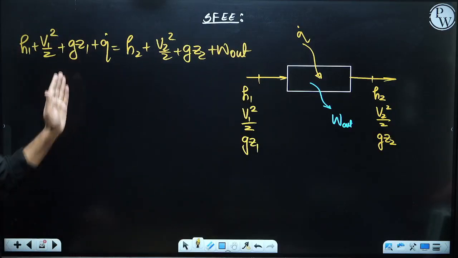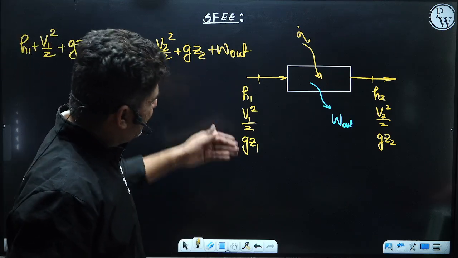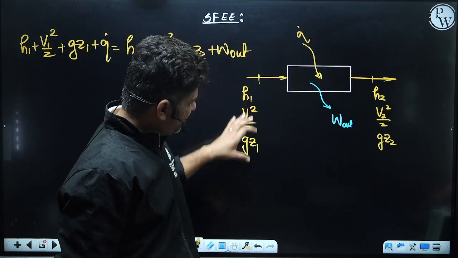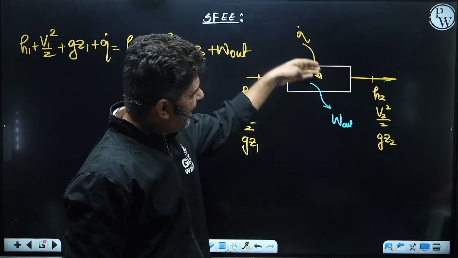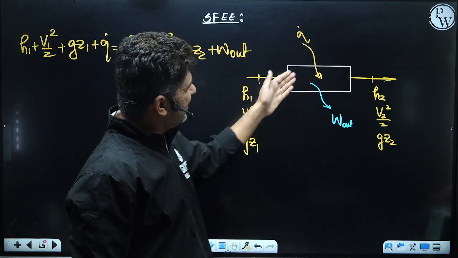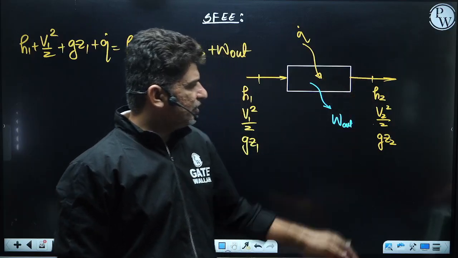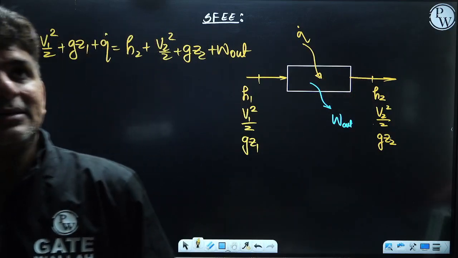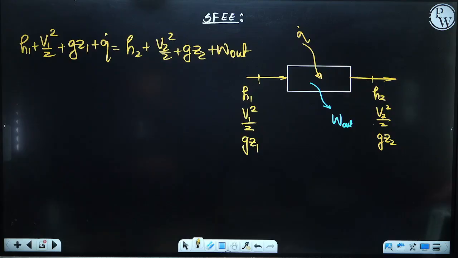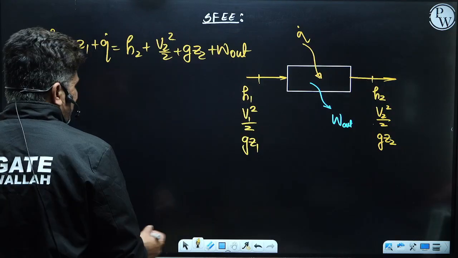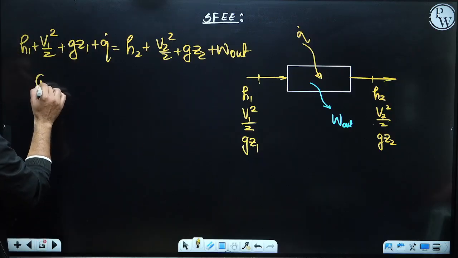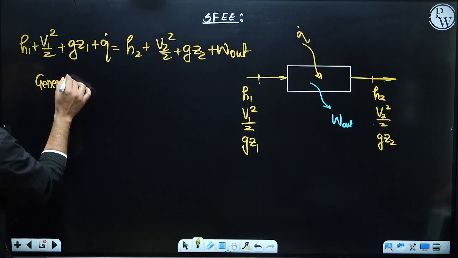On the left hand side we have all the energies which are coming inside this device: H1, V1 square by 2, gZ1 and Q dot. And on the right hand side we have the energy which is going out: H2, V2 square by 2, gZ2 plus W out.